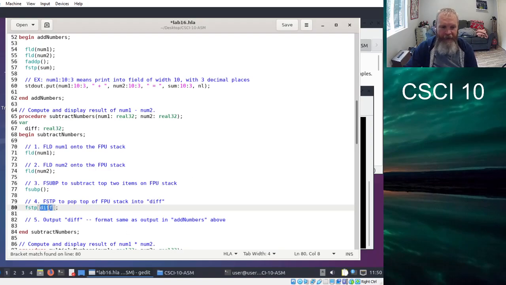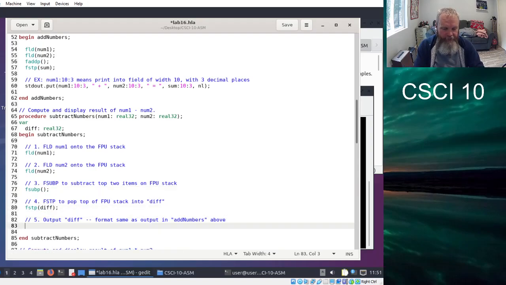Now we have the answer from FSUBP in our diff variable, and now we can do crazy awesome HLA outputs. We'll take num1 and put it in a 10 wide field. You can experiment with that if you want to. We will do 3 points after the decimal. Then we will say minus. Then we will do num2 in the same way.